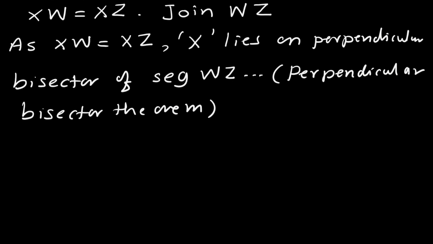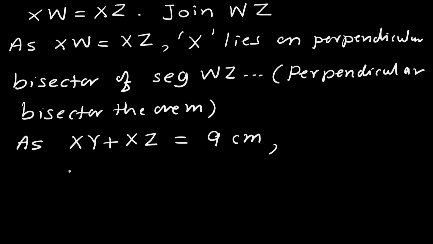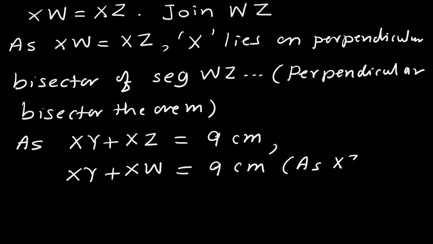Second part: what is given? XY plus XZ. What is XY plus XZ? 9 centimeters. So what is XY plus XW? Also 9 centimeter. Reason: as XZ and XW are equal.